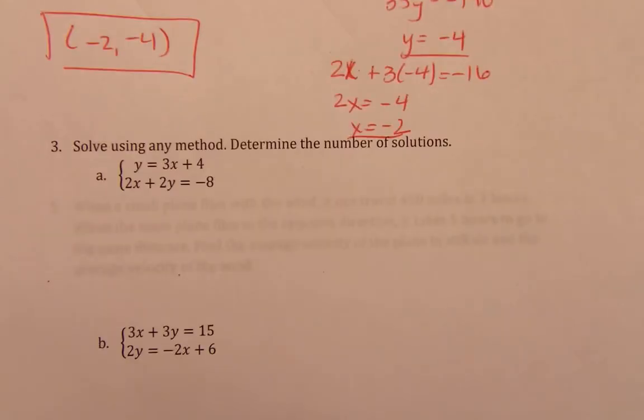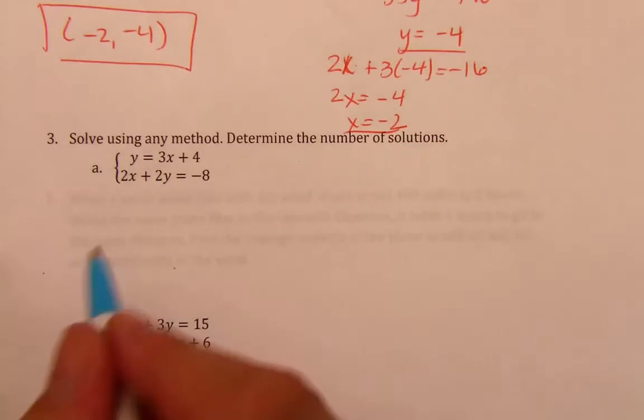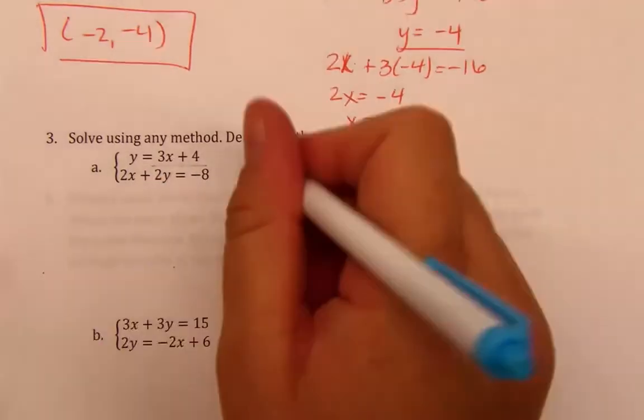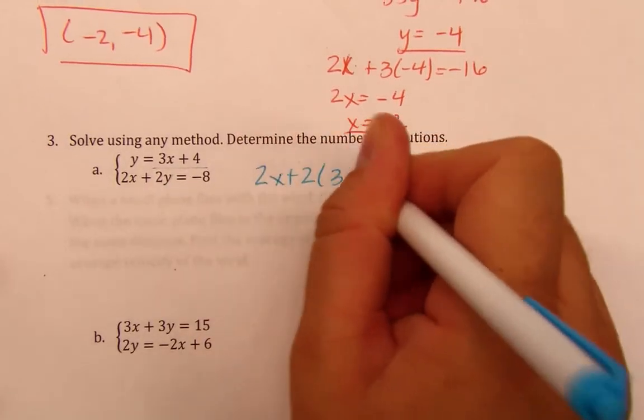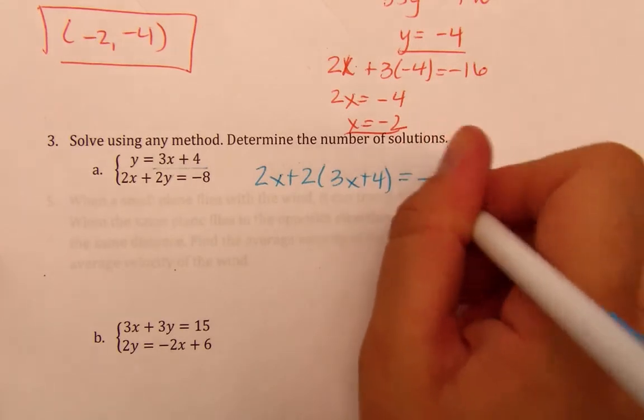Moving on to the next examples, it says solve using any method and then determine the number of solutions. Well, this one's set up for substitution, so I'm going to go ahead and use substitution. I can plug this in for my y value. So 2x plus 2 times 3x plus 4 equals -8.